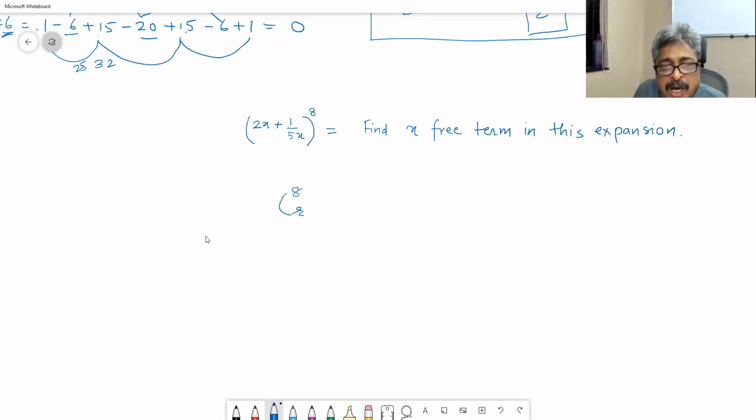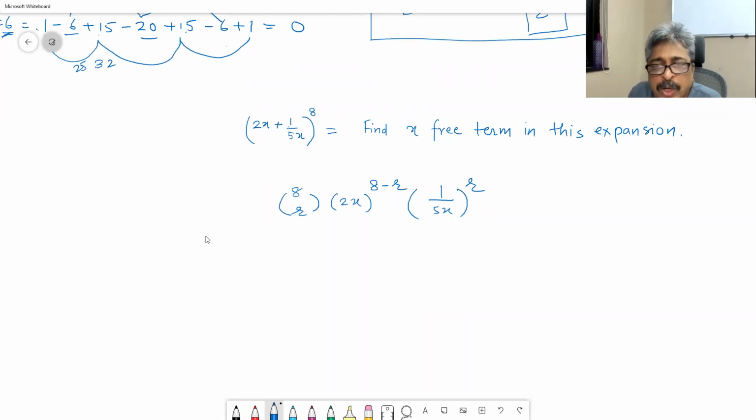8 choose r, 2x raised to 8 minus r, 1 upon 5x raised to r. Correct? So x raised to 8 minus r and x raised to minus r.